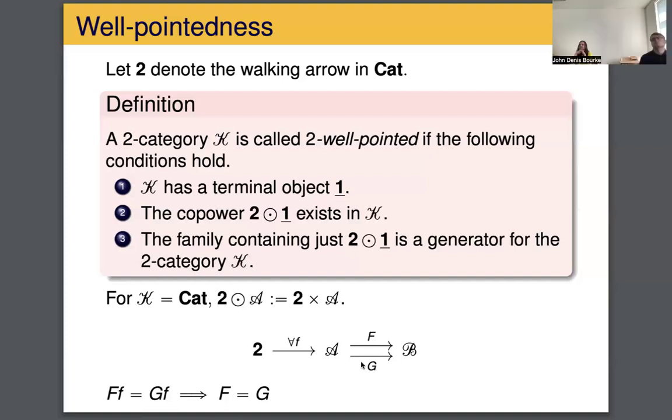Right. And it would be a bit like a generator in one category theory is about something being injective, and two generators about something being injective and faithful, I think. Does that make sense?